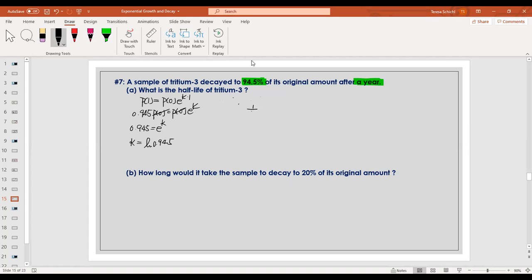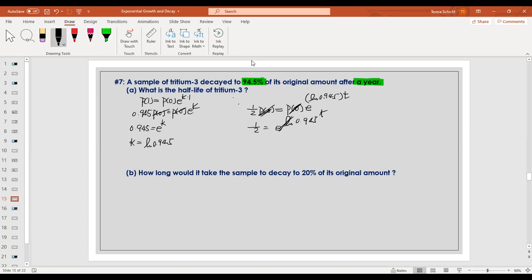So half of P0 will be equal to P0 e to the natural log of 0.945 times t. That will give you the half-life, because this is half of P0. So P0 can cancel. So this is 1/2 equal to e to the natural log 0.945 times t.